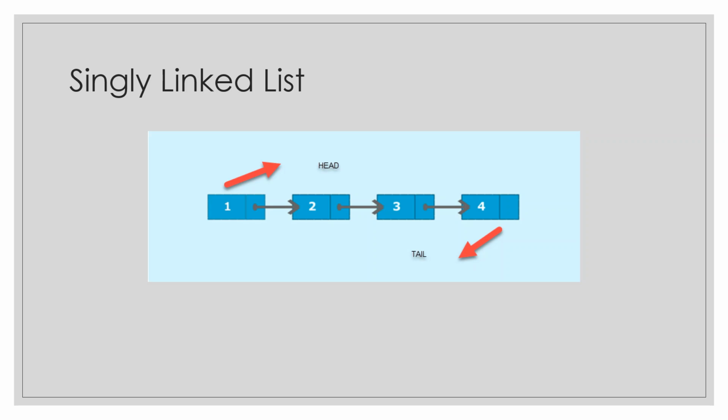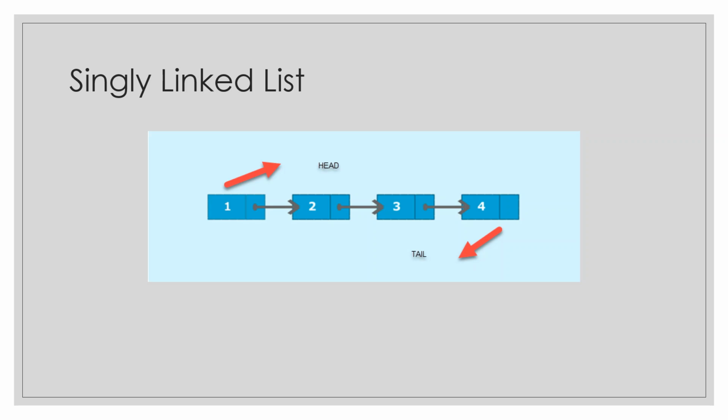Later we're gonna do it. So the two components are the data and the pointer next. The first node of this list is called the head, and the last node of the list is called a tail. So for this example, node 1 is the head of the list, and node 4 is the tail of the list.